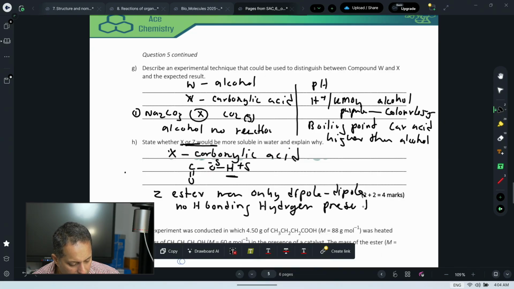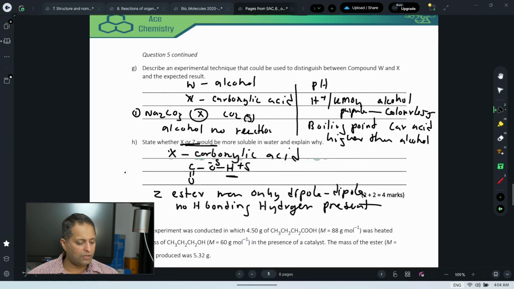Is that clear? So X is more water soluble than Z. Z is ester. All right, that's done.